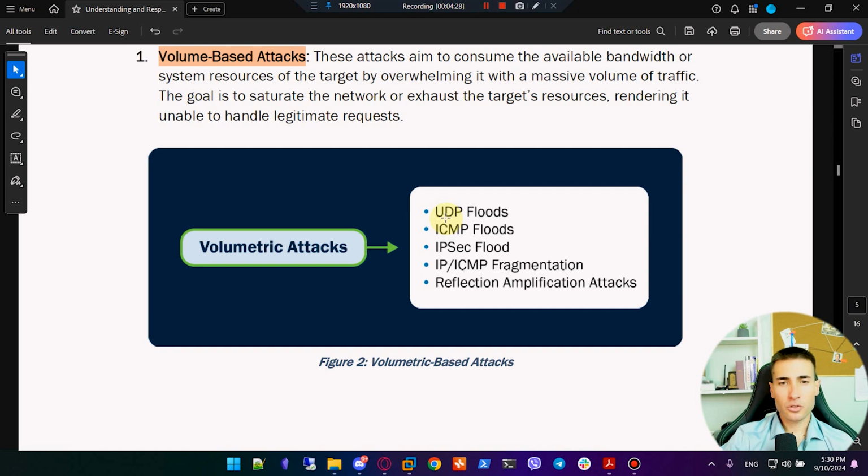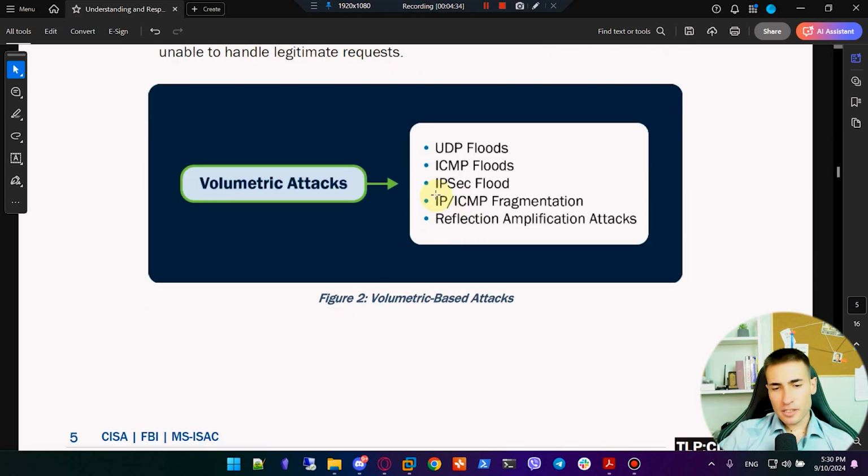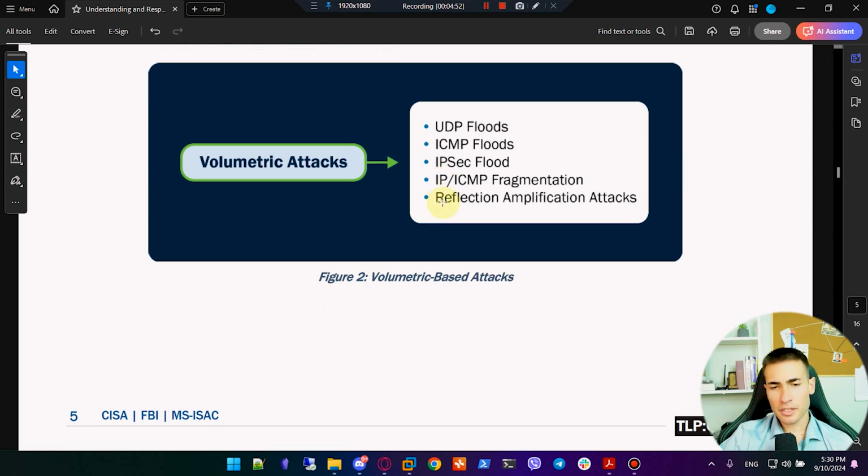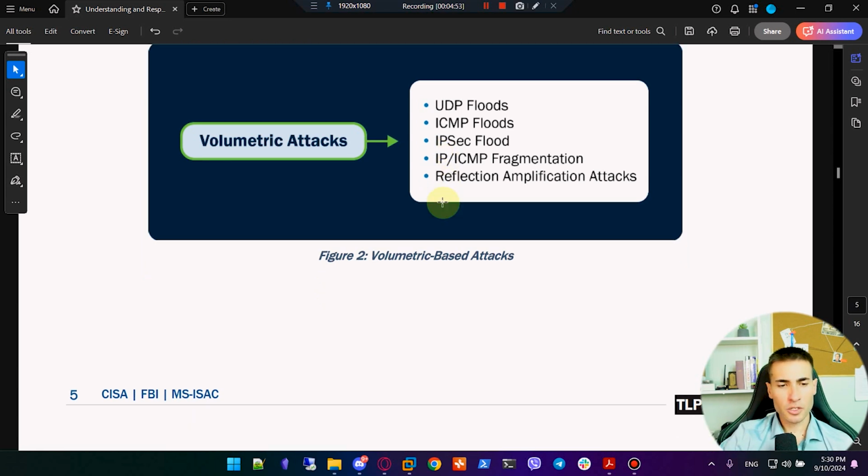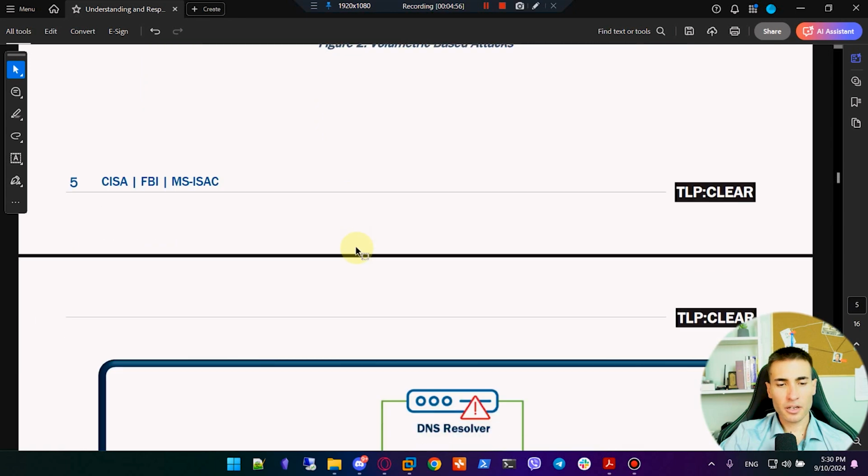Therefore, the server cannot actually respond to legitimate traffic. I'm just going to give a second example with IPsec flooding. Probably this is for VPN access, where you have a malicious actor that is creating a lot of requests for VPN connections. Therefore, the server cannot really process the legitimate requests. There we have a scenario of denial of service. So we have volumetric attacks.